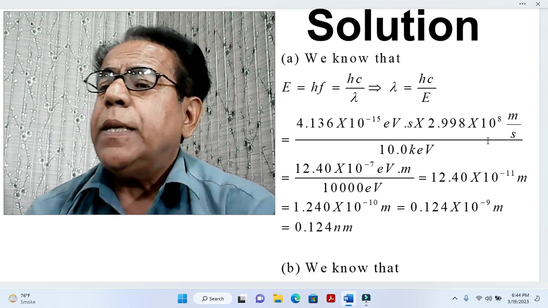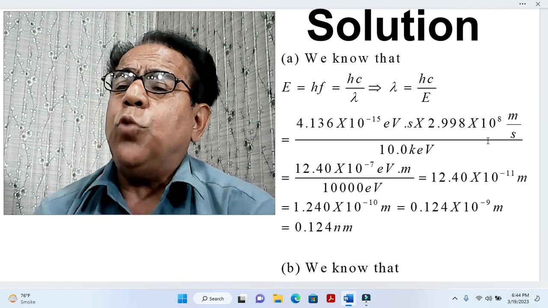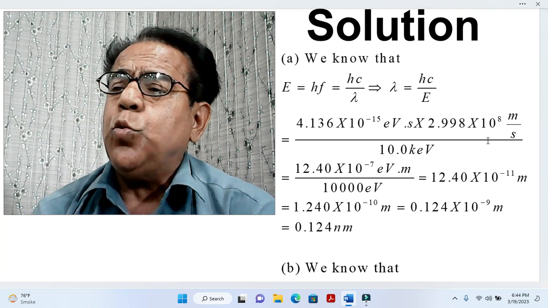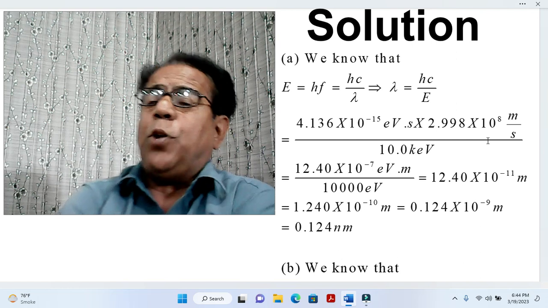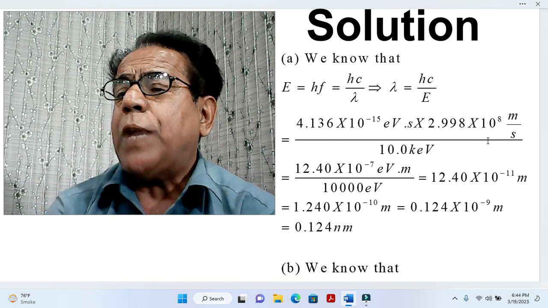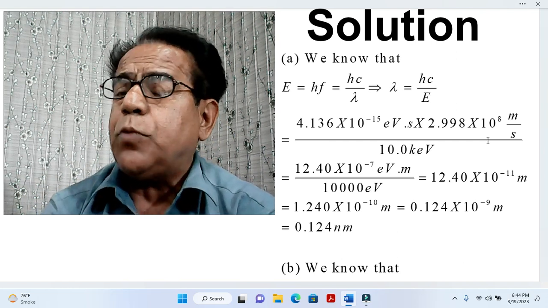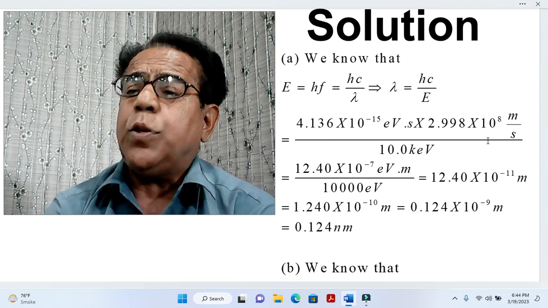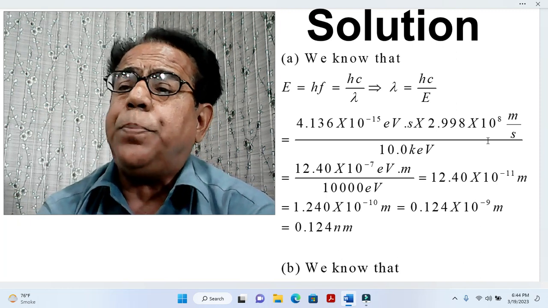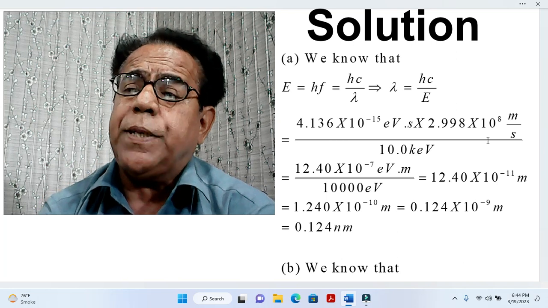Okay. And when we multiply 4.136 with 2.998, then we get the result 12.40. Okay, dear students, actually 12.40 is not appropriate.